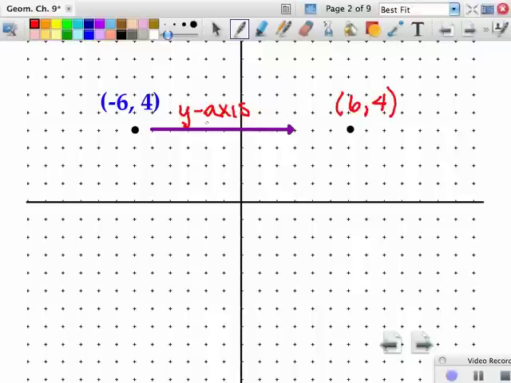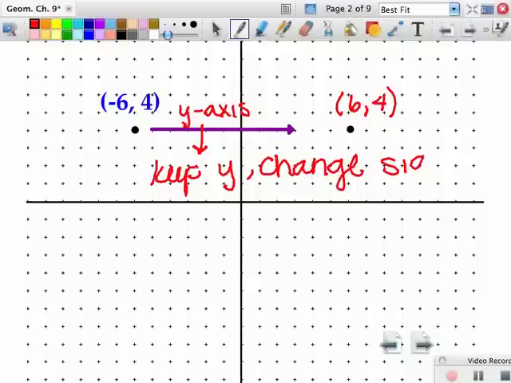Well, when reflecting over the y-axis, and you'll want to write this down, keep y, change sign for x. Okay, so that's what you want to do. Anytime you're reflecting over the y-axis, you keep y, change the sign for the x.